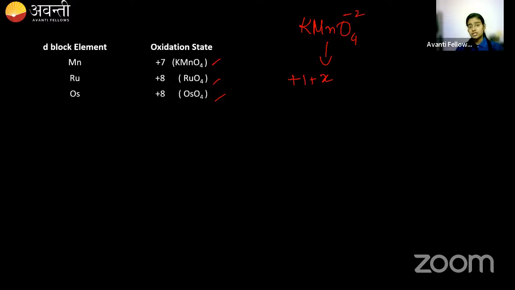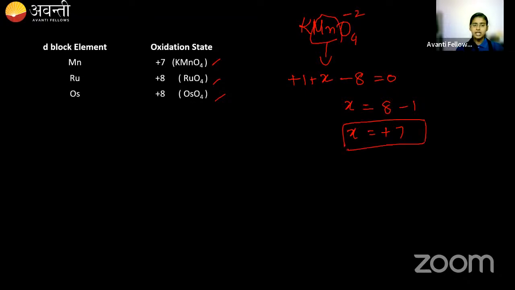I have 4 oxygens, so 4 into -2 is -8, and the sum equals 0. So x is equal to 8 minus 1, so x is +7. So +7 is the oxidation state of manganese. The same way for RuO4, ruthenium tetroxide, take ruthenium as X, and 4 into -2 is -8, so x is equal to +8. You do the same for osmium also.